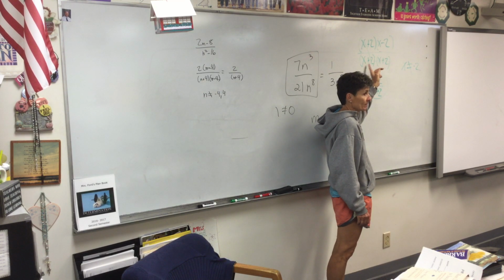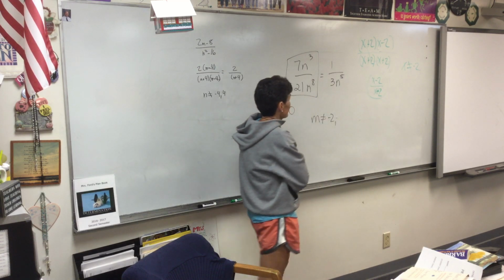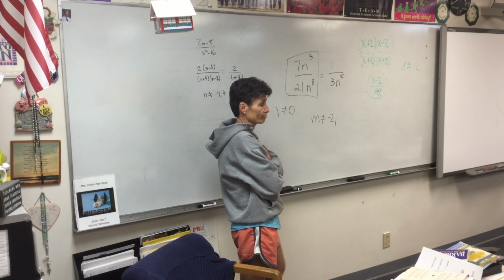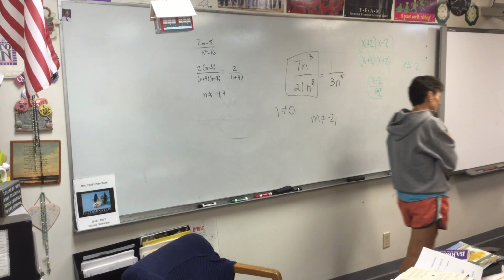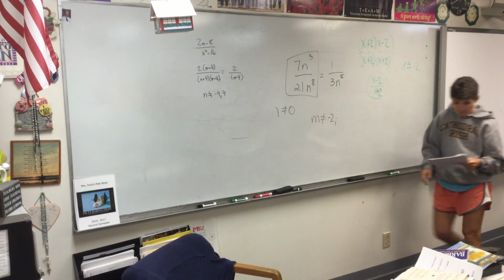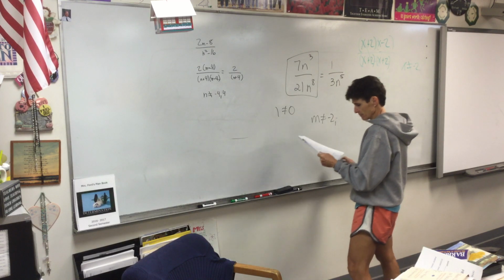So x couldn't be negative 2, period. Any issues with that? Excluded values come from the denominator. What makes the denominator 0?